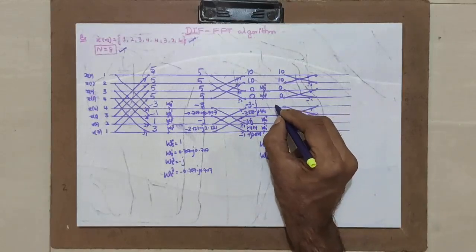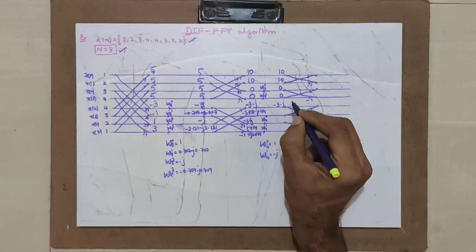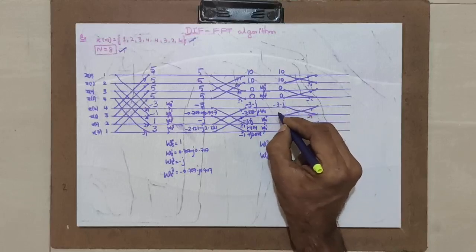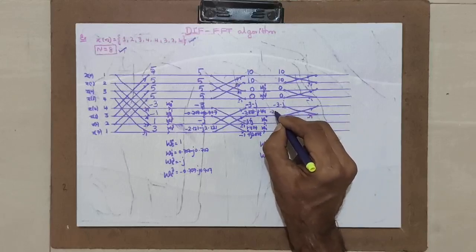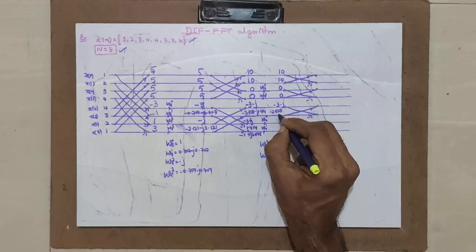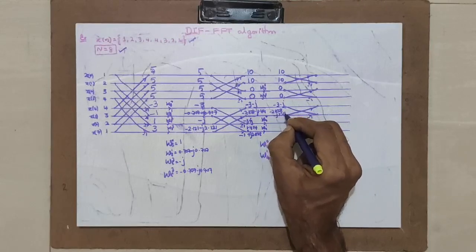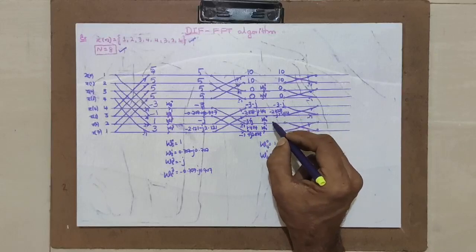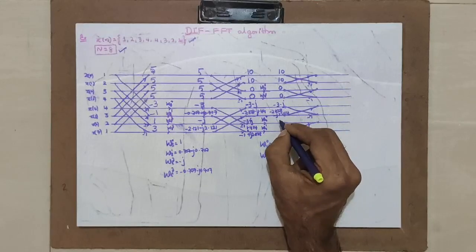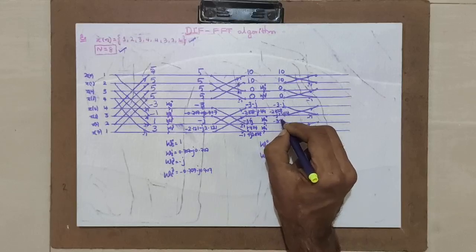Now minus 3 minus j and minus 2.828 minus j 1.414, and after this W40 anyway is 1, hence it is minus 3 plus j.